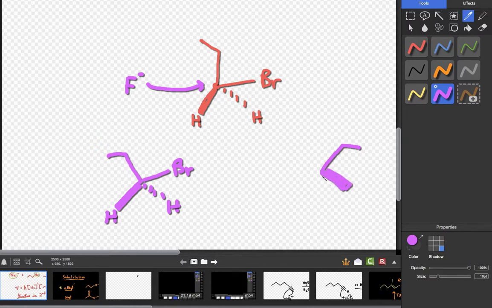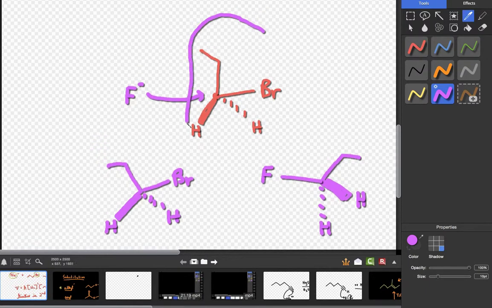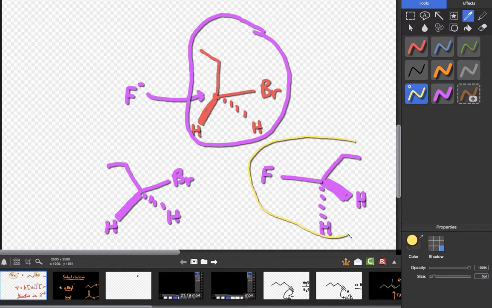This is called inversion of stereochemistry. And it's one of the hallmarks of an SN2 reaction. Relative to this starting material, this product has inverted stereochemistry.